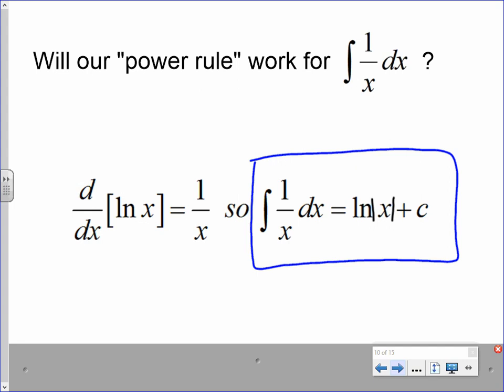Why an absolute value? We can't take a natural log of a negative number, so when we take the antiderivative, we account for that. It has to be after that.